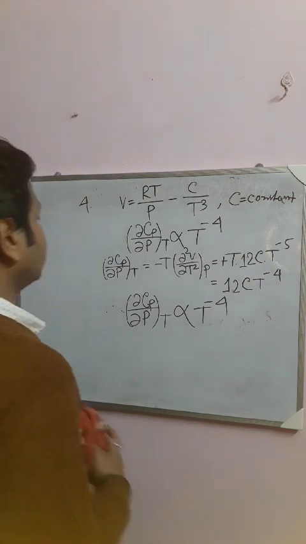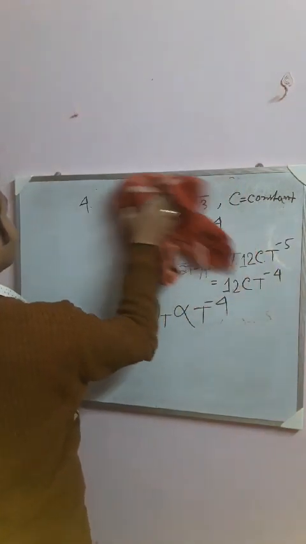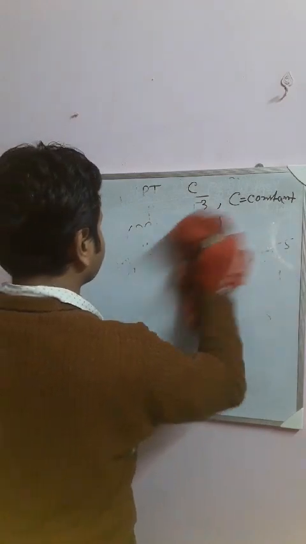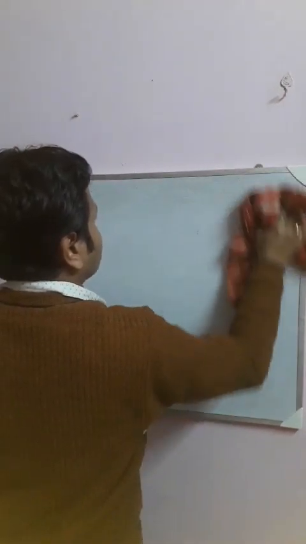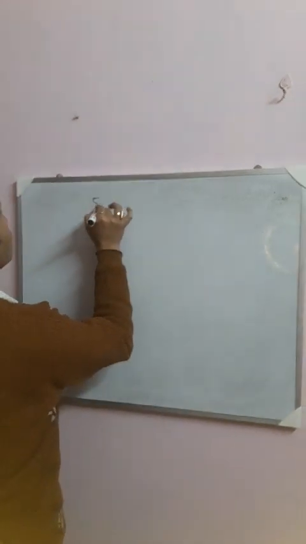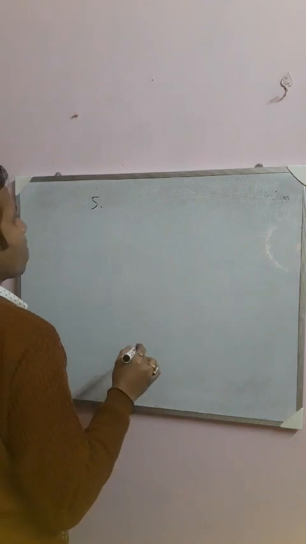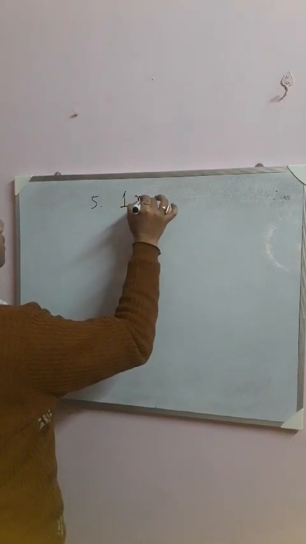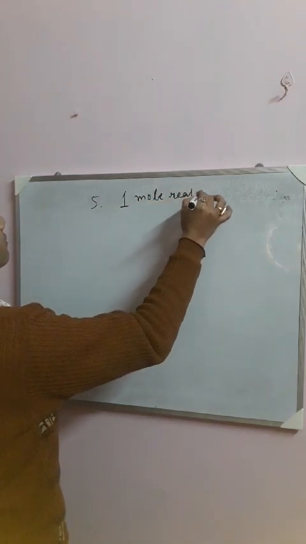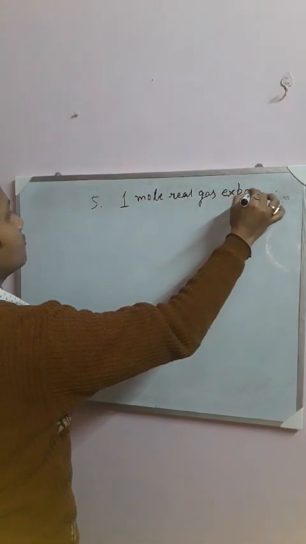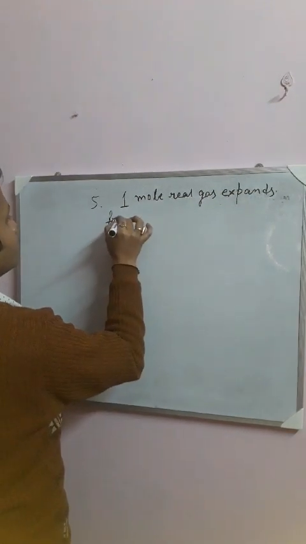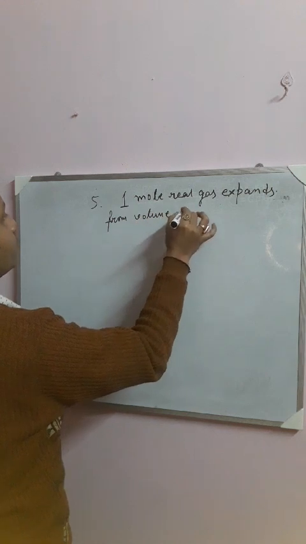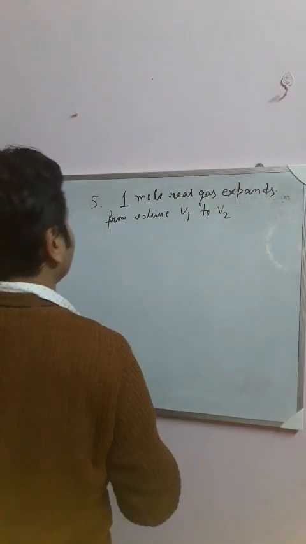Okay. So this is another relation. Fine. So let us move to the last problem of today's lecture. Suppose 1 mole of real gas expands isothermally from a volume V1 to V2.